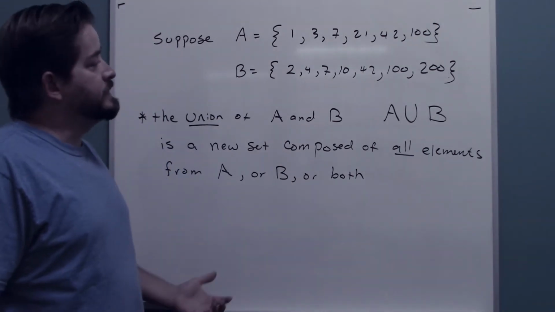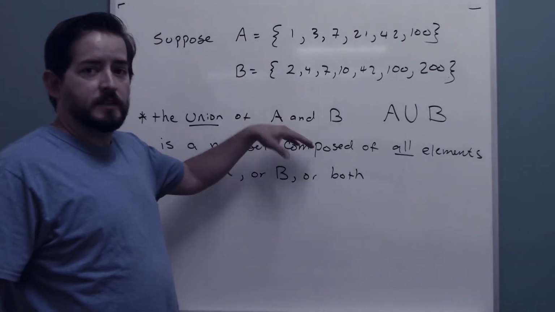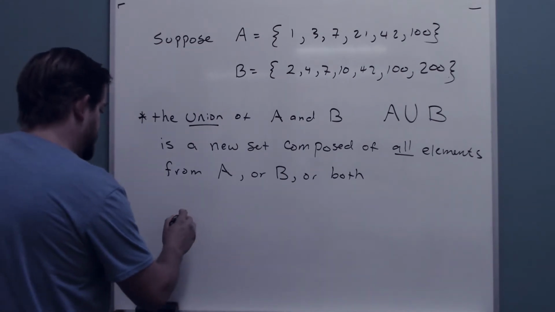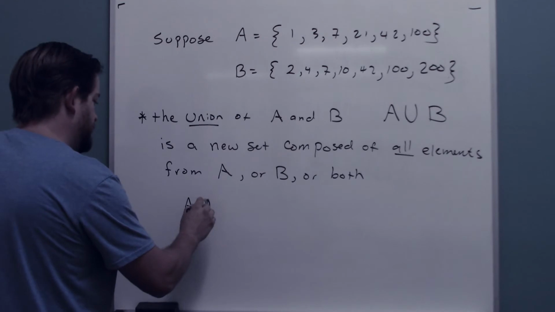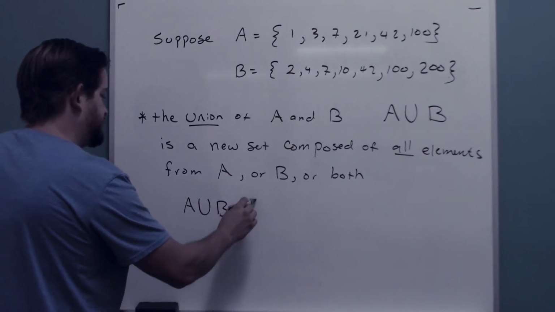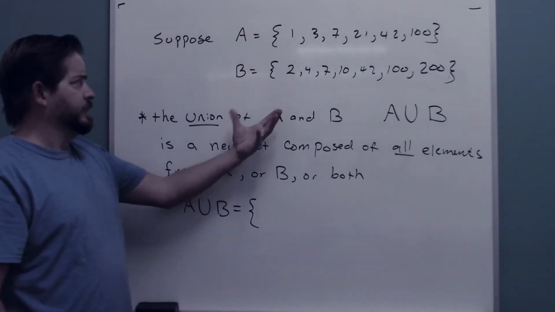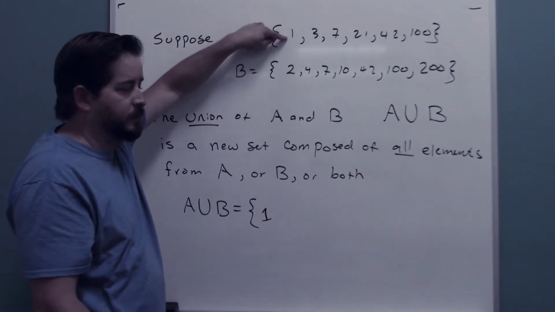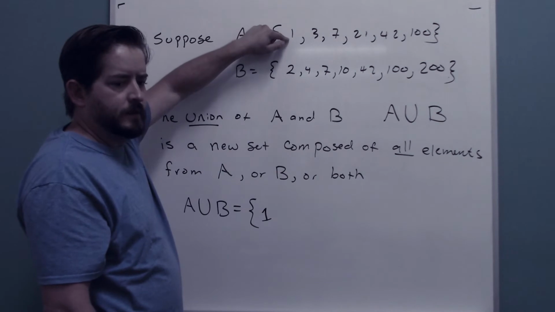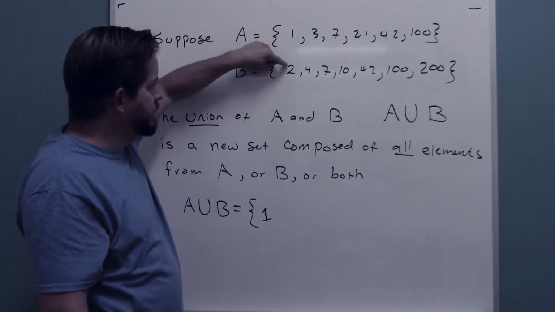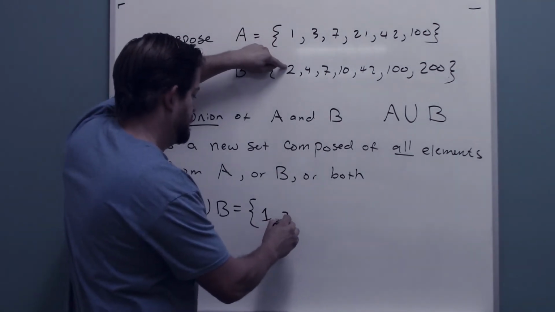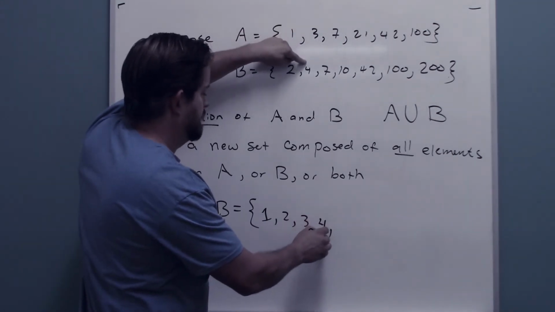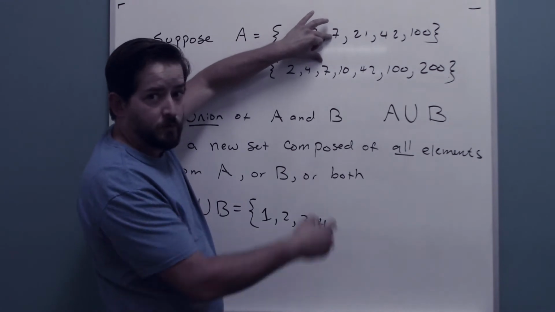But again, when you write these sets, you only want to write each element one time, you don't want repeats. So if I were to write A union B, once again, A union B is a new set. And it's just everything. It's 1. I'm going to do them in order, because if you don't, it's chaos, right? I have 1, I have 2, there's a 3, a 4, 7 appears in both of them, but I'm going to write it once.